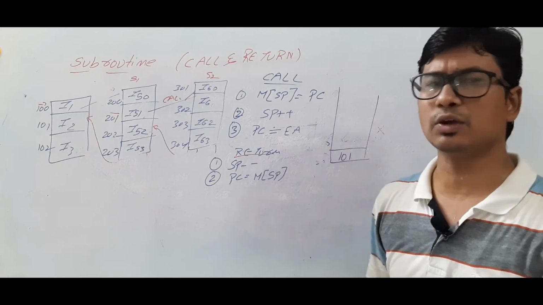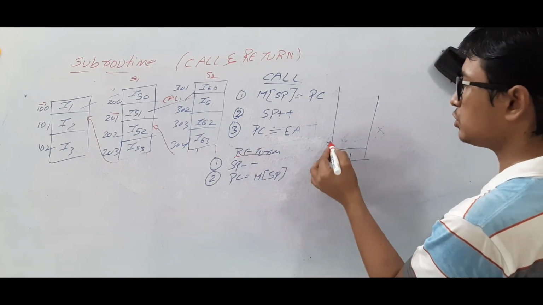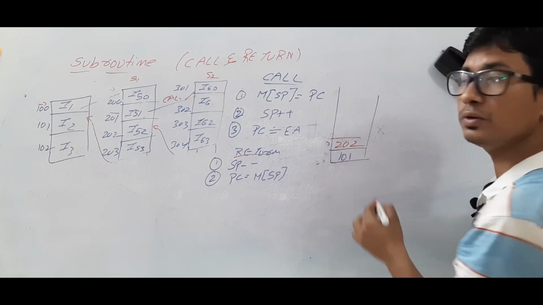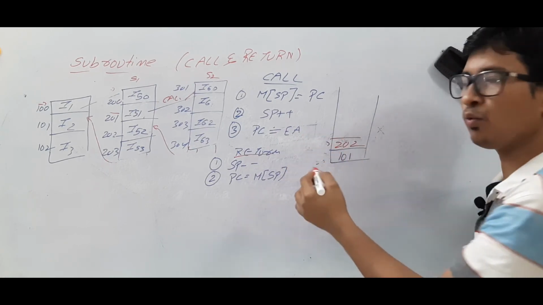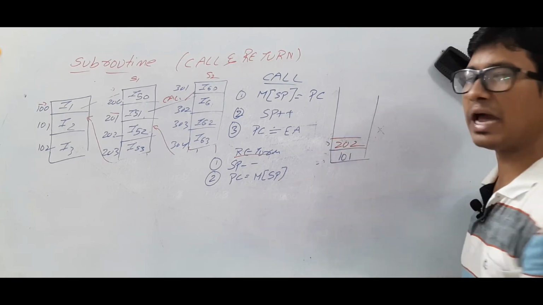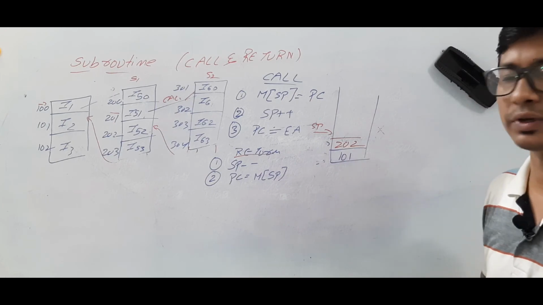Then you can ask me, sir, why are you incrementing the stack pointer value? Because next time I should store the value 202. Am I right? That's why I'm incrementing the stack pointer once I have inserted the value; then next time the stack pointer will be pointing to here.